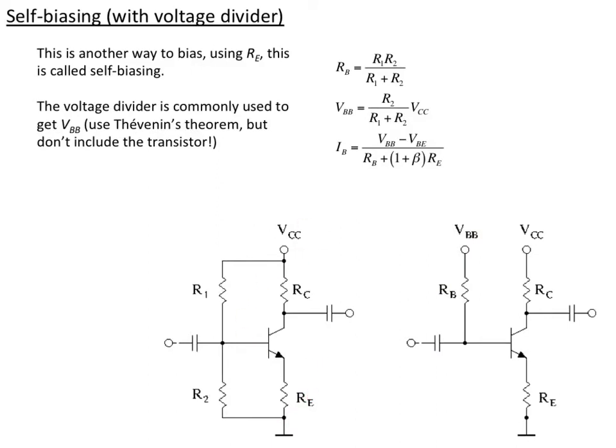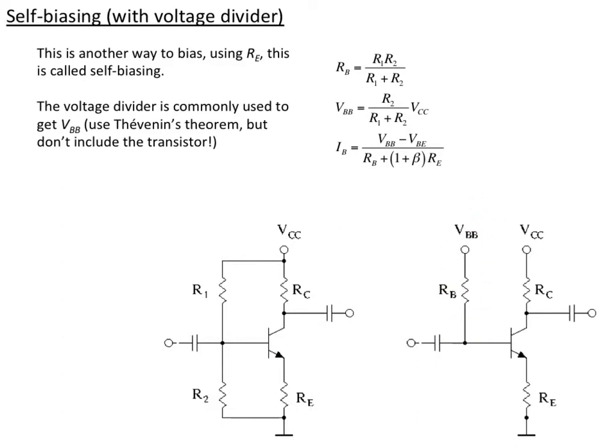We find that we have a voltage divider R2 and R1 that gives us the equivalent base source, and that the equivalent resistor there is just R1 and R2 in parallel. And in this case, we can then calculate for the self-biasing case what the base current is. This is true for both of these cases, but we're going to assume we've done the Thevenin equivalent to get these values.